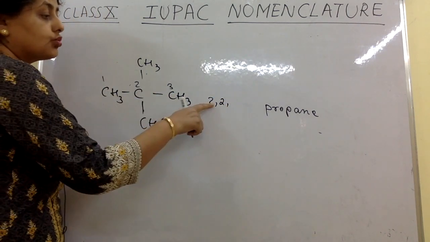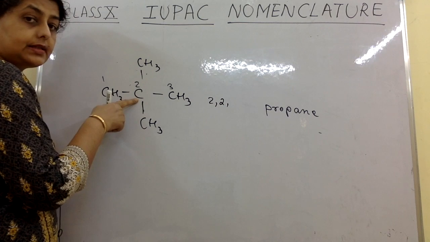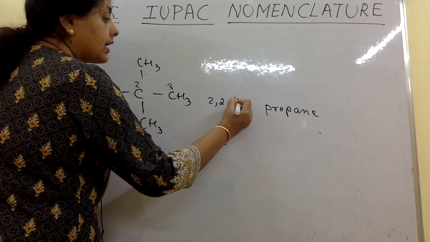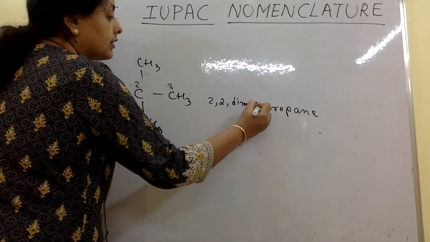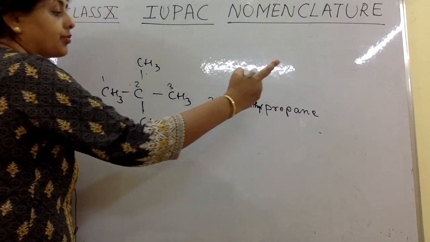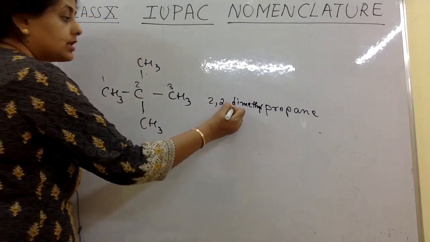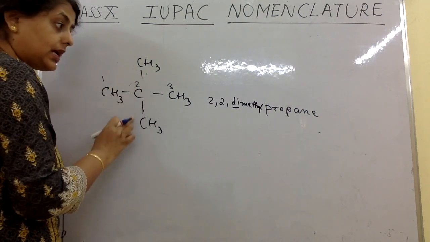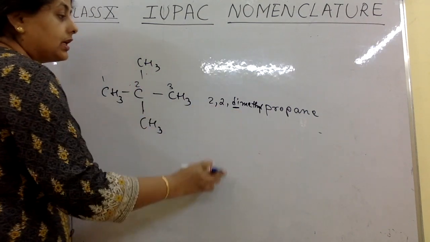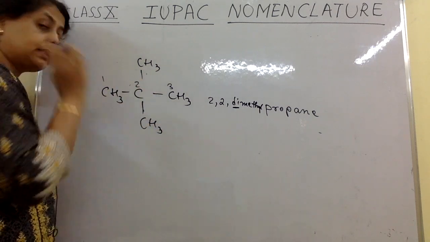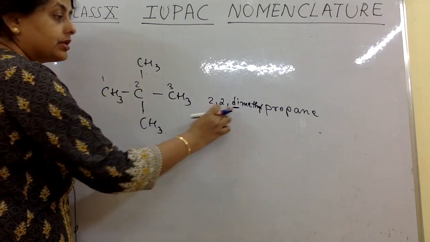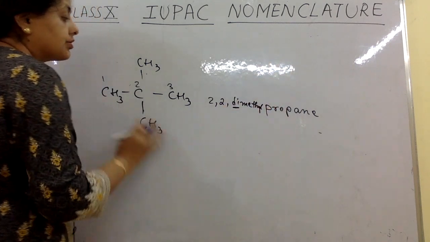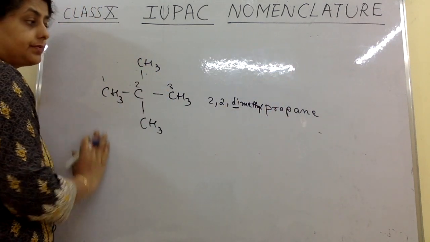This 2 and this 2 are indicating the second carbon atom. Dimethyl. Okay, dimethyl propane. Why di? Because there are 2 methyls only. If there are 3 methyl groups, we will say trimethyl. So dimethyl propane. That is how we name it.